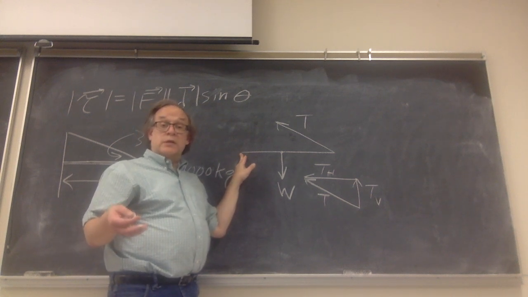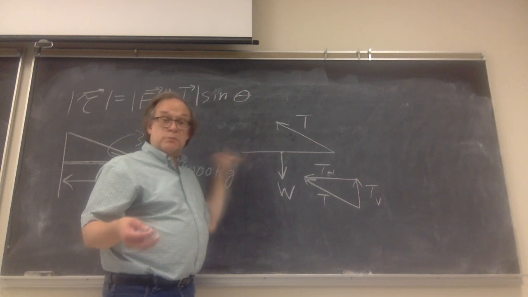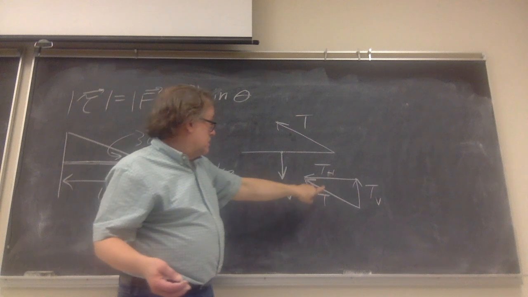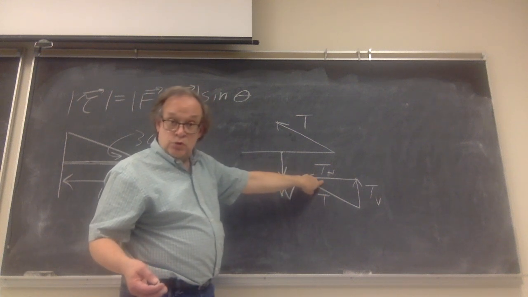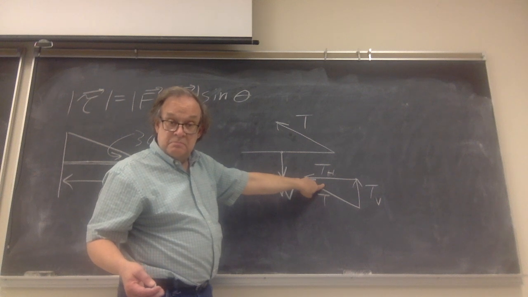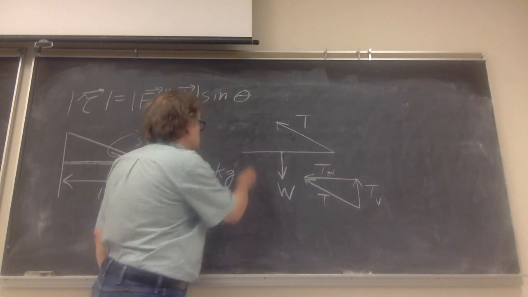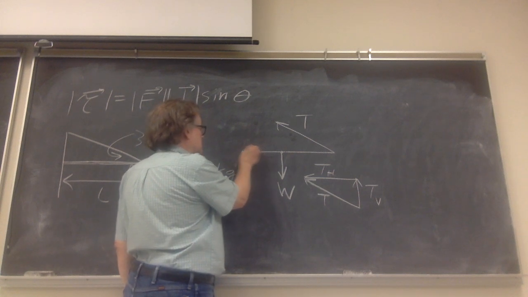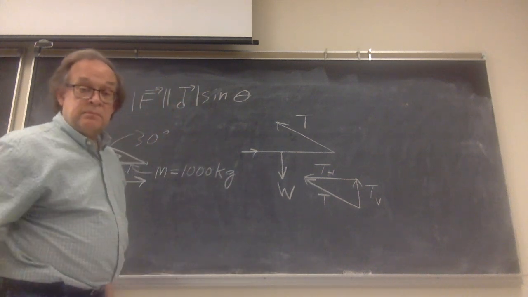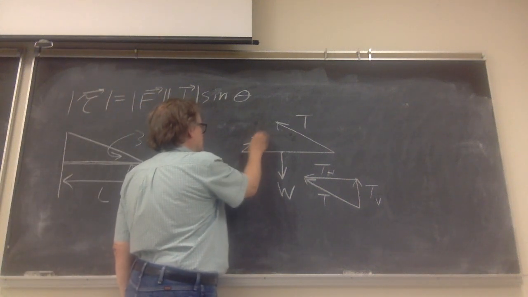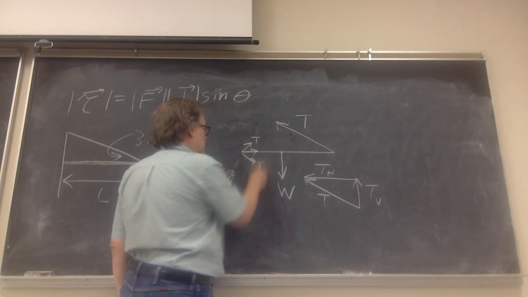All we know is that that force must have a rightward component that is big enough to cancel out the leftward component of this. So that force from the wall on the beam could just be a force pointing straight to the right, or it could be a force like that, or it could even be a force like that.